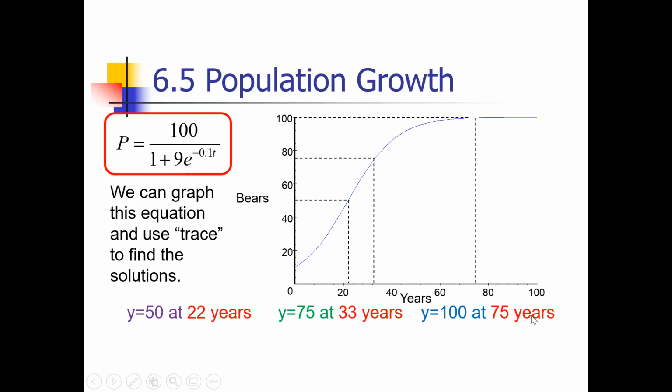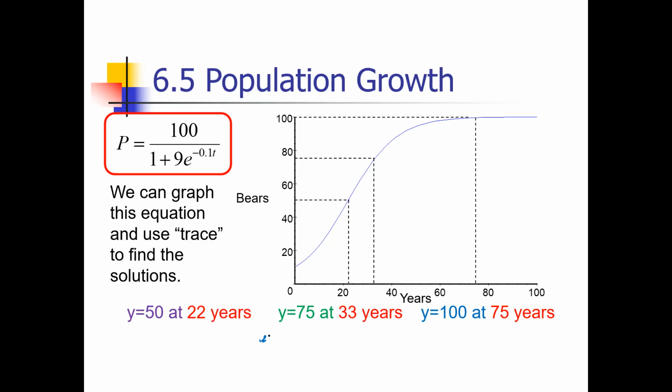So given the fact that right now is year 10 in the present sense, you have 65 more years before the wildlife sanctuary is going to be at its maximum with 100 bears. So you have 65 years to figure out what it is that you want to do.